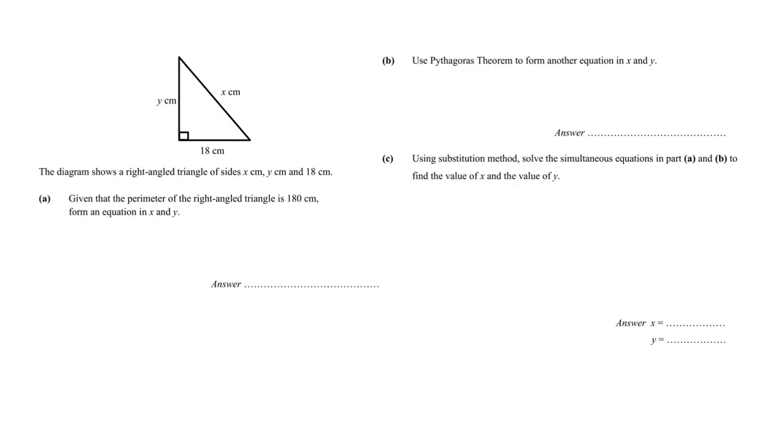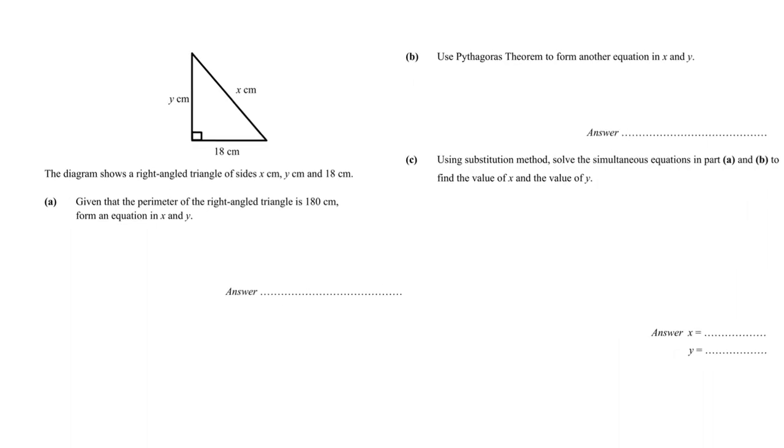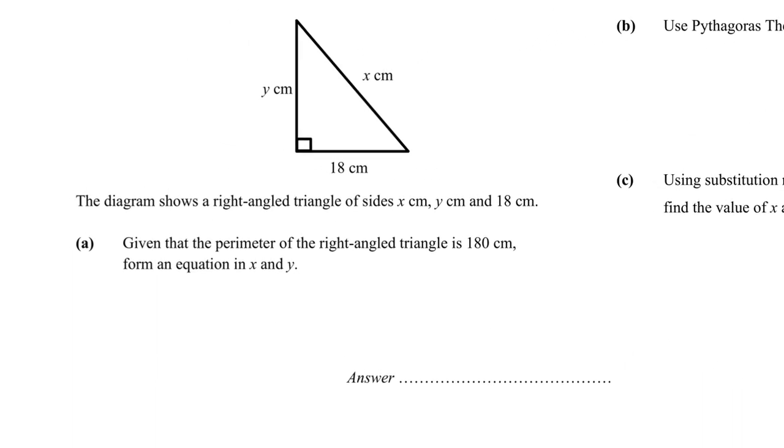Hello everyone, welcome to this question where we are given a diagram of a right angle triangle with given sides x, y, and 18. And we know that the perimeter, let's take a look at part A. The perimeter is 180 cm, meaning this is the perimeter, and they add up to 180 cm, form an equation in x and y.